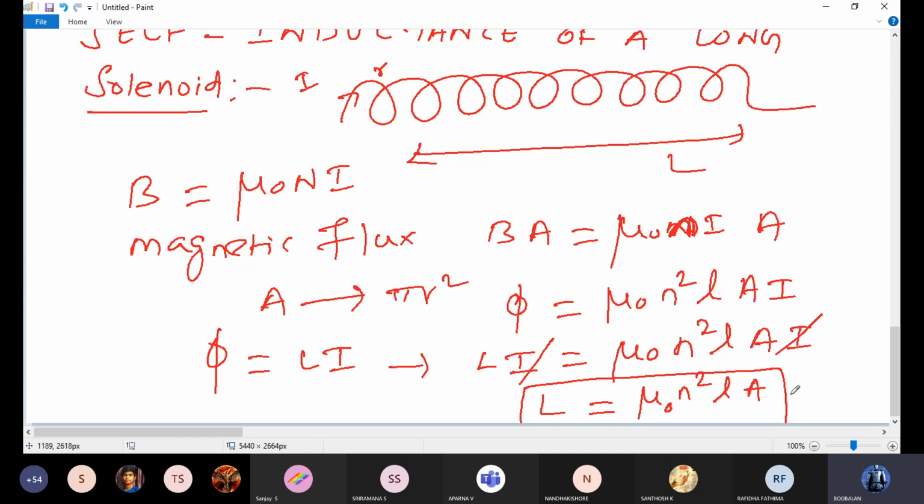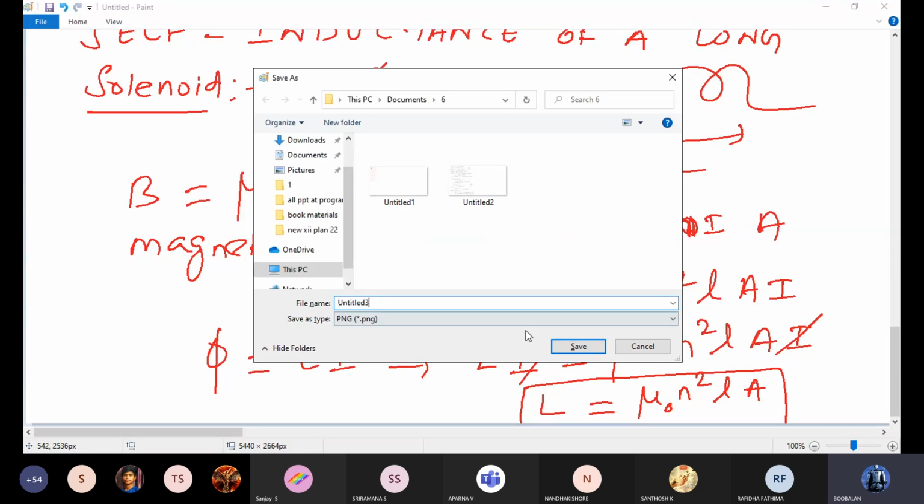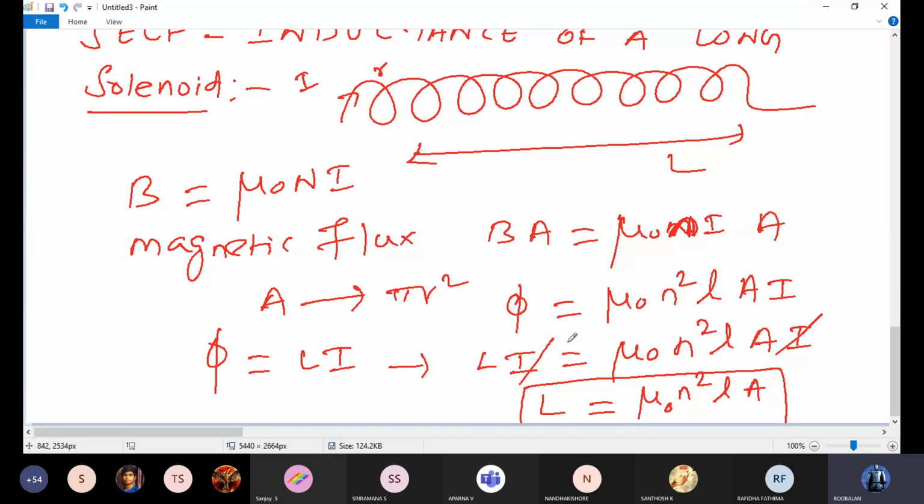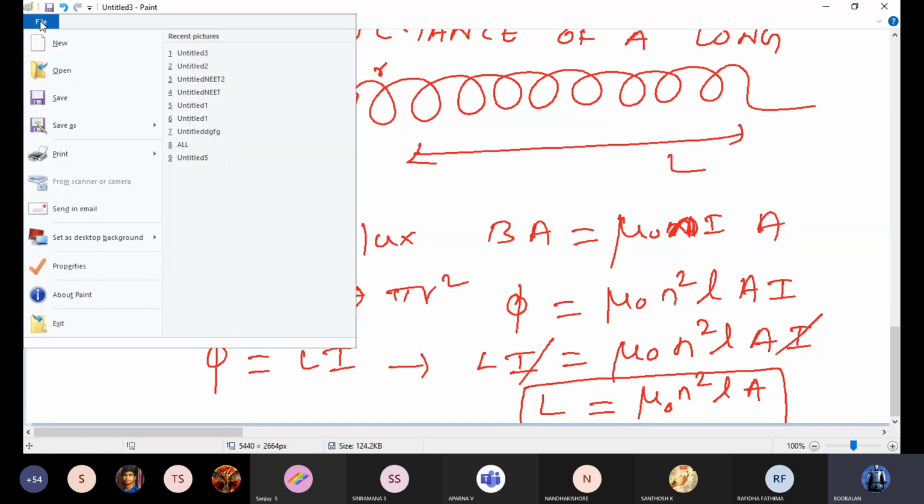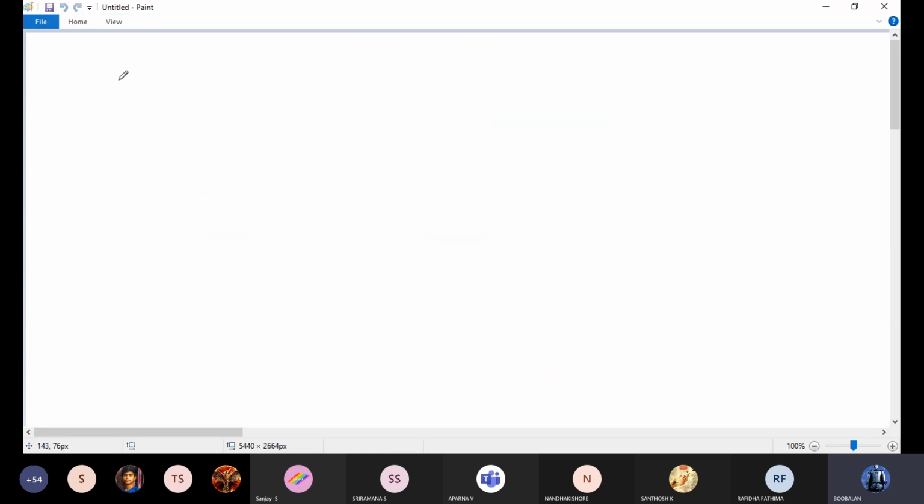Self inductance of a long solenoid. Okay, listen. That small n is unknown.